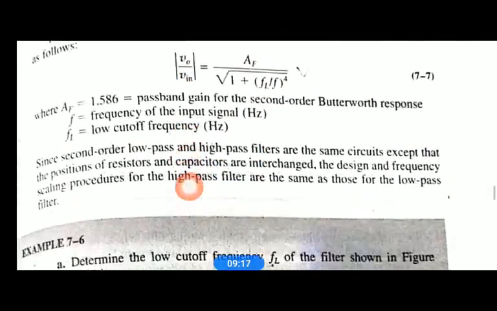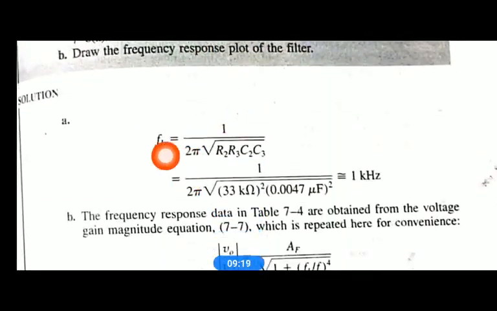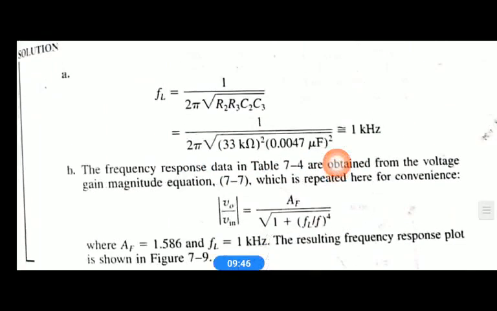So FL, the formula for FL for the high pass second order filter is same as the low pass second order filter, which is 1 divided by 2 pi R2 root of R2 R3 C2 C3. C2 C3 both are same here, and R2 R3 are also both same here, 33 kilo. The square gets cancelled, then you multiply 1 divided by 2 pi and this value, you will get approximately 1 kilohertz.